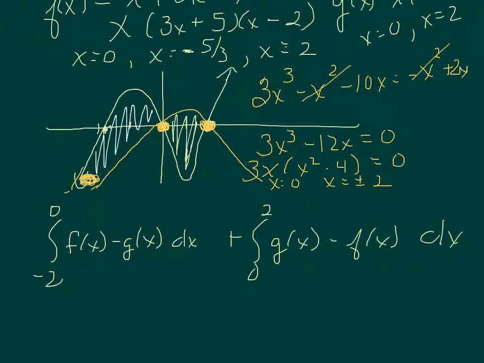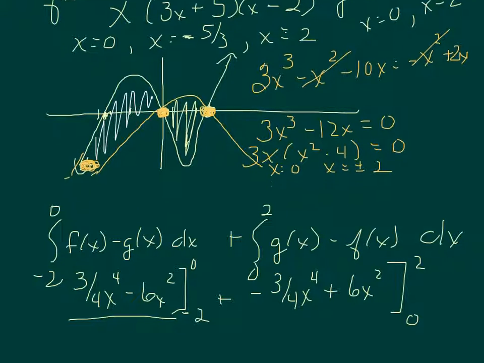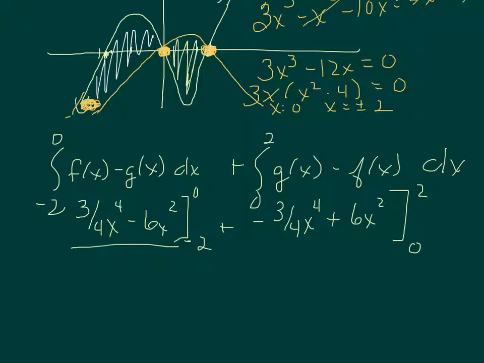What do we get for our function here? Three x to the fourth, integrated: 3/4 x to the fourth minus 6x squared, and then plus negative 3/4 x to the fourth plus 6x squared evaluated at 0 and 2. Agreed. Where did you put the 6?